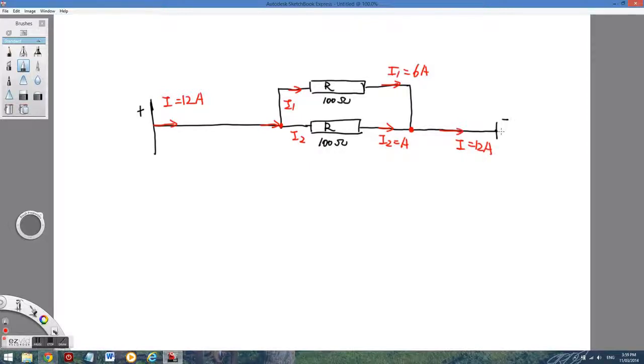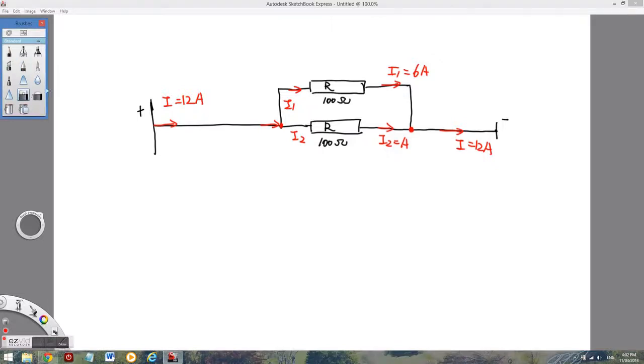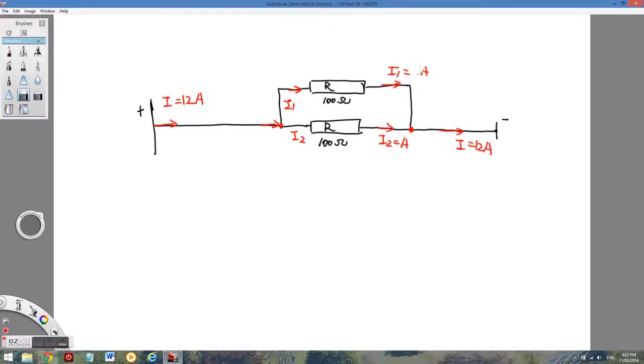So the current splits up according to the value of resistance. Now have a look at this new example. We still have two resistances, and I change the value of the top resistance to 200 ohms.